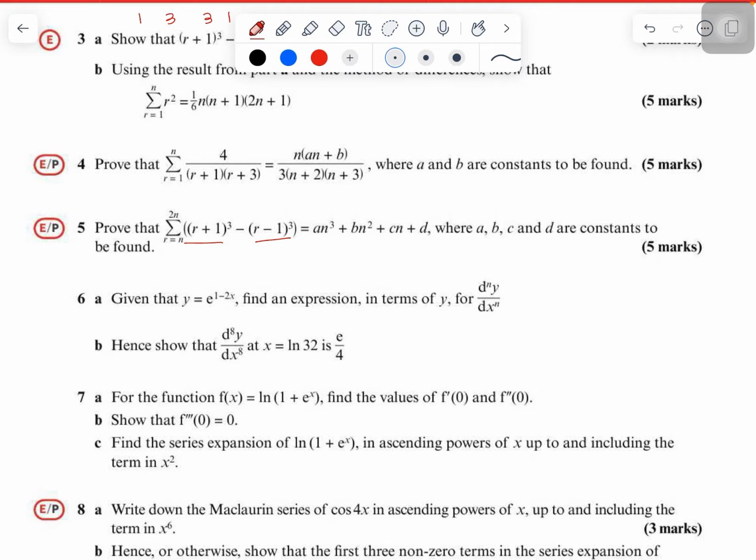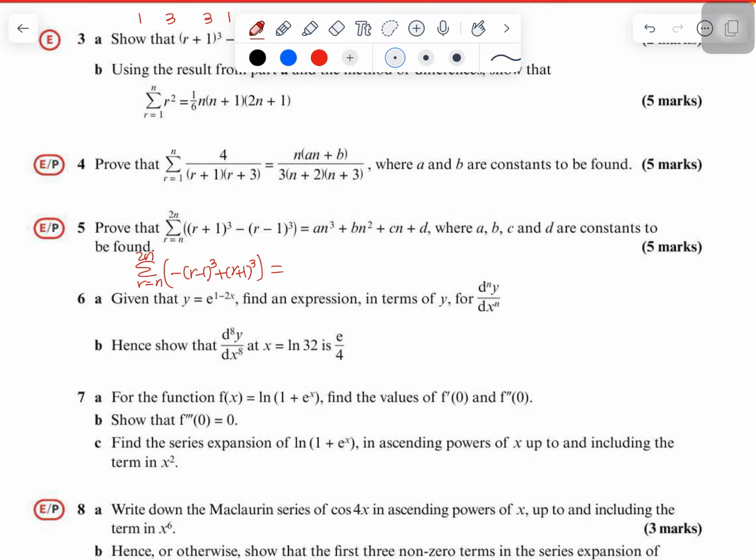So let's do that. We start from n, so n plus 1 cubed minus n minus 1 cubed. Actually, the easier way is to put the smaller number in front. Just for me, I get a little confused when the larger number comes first. So let me make it like this, plus r plus 1 cubed.